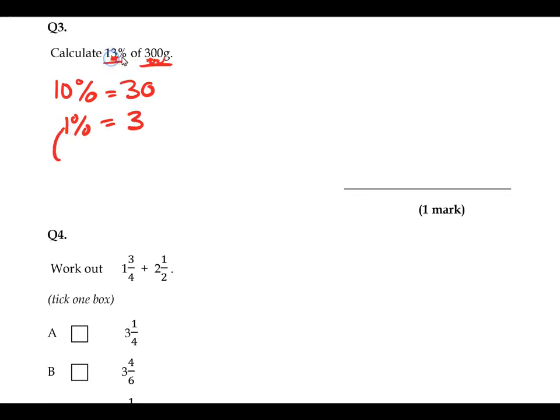We don't want 1%, we want 3 lots of that to get our 3%, which is 9. So add your 10% and your 3% together to give you the 13% value, which is 39.